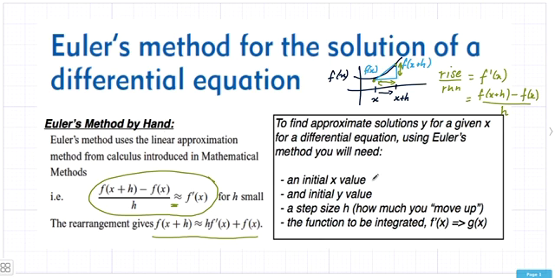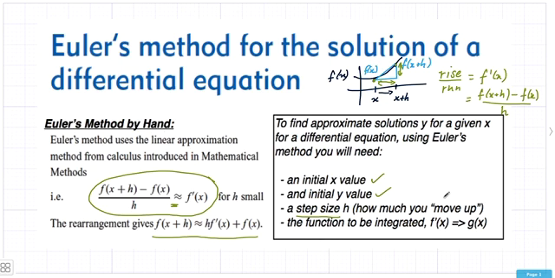So to use this you need really 3 things, well, actually 4 things I guess. The first 2 things, I'll count them as 2 separate things, the initial x value and the initial y value. So you need a point to start with. That's going to help us to pinpoint where our solution is going to be. You also need a step size. Now a step size is how much you're going to move incrementally. We're going to be talking about something called an iterative method. Now iterative means it repeats.